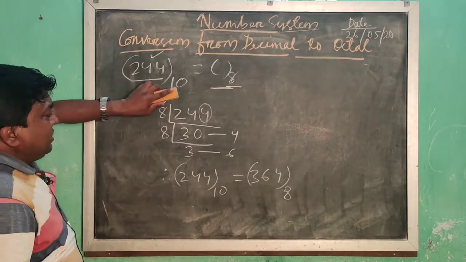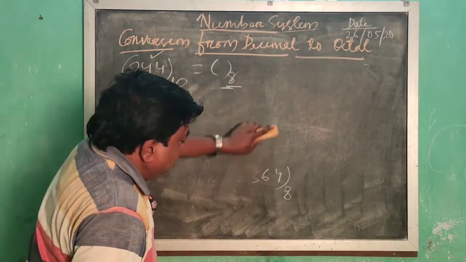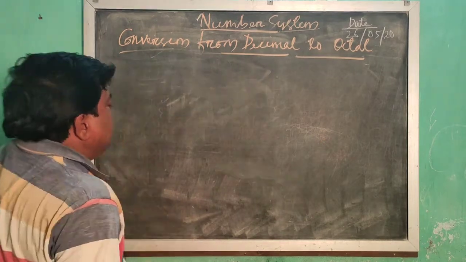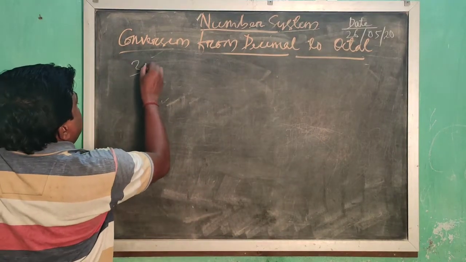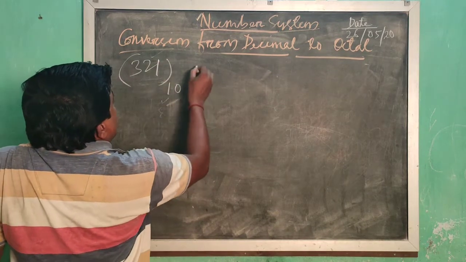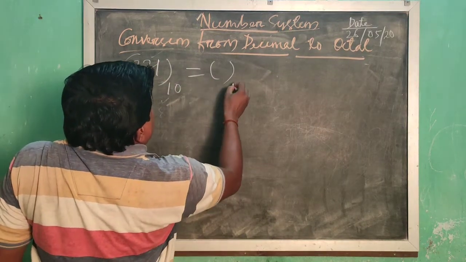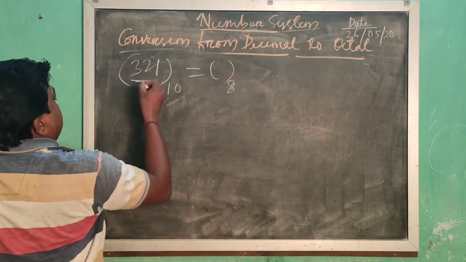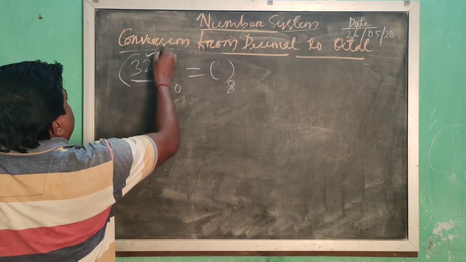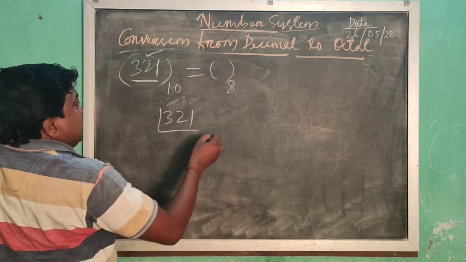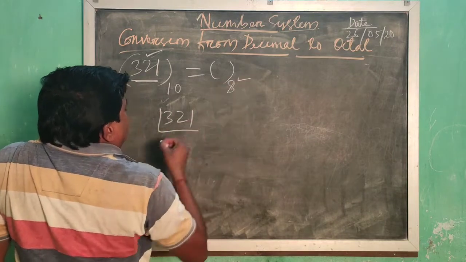We will find another example. 321, base will be 10, means it is a decimal number and we need to convert it in octal. Then similarly we divide 321 by the base of octal.